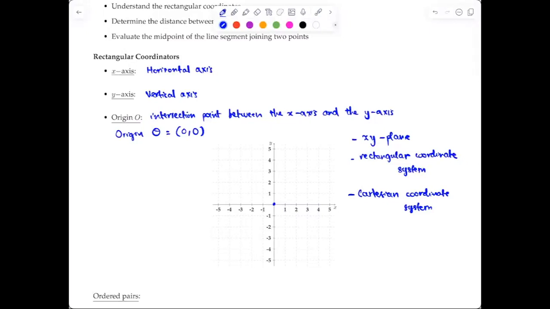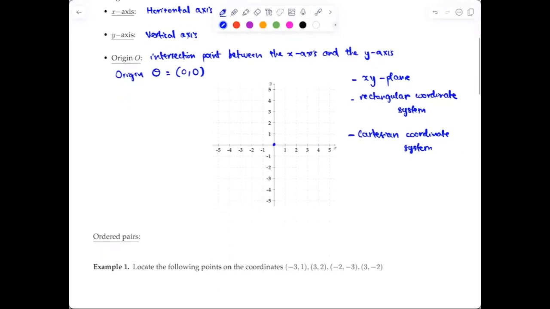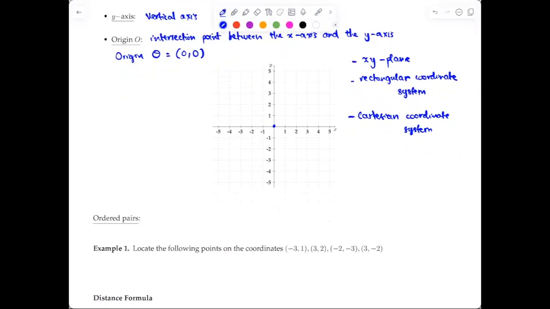When I write it like this, that means I present something called an ordered pair. The ordered pair consists of two components, the x component and the y component. So the ordered pair here is (x, y).